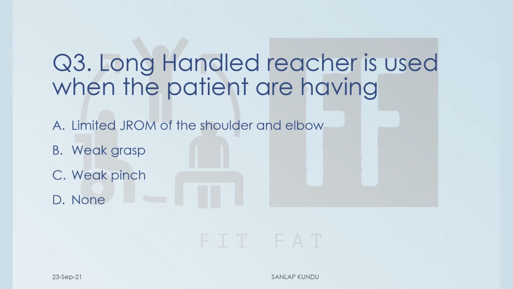Okay. Question number 3: a long handle reacher is used when the patients are having option A, limited joint range of motion of the shoulder and elbow, option B, weak grasp, option C, weak pinch, and option D, none. Now let's see what a long handled reacher actually is.